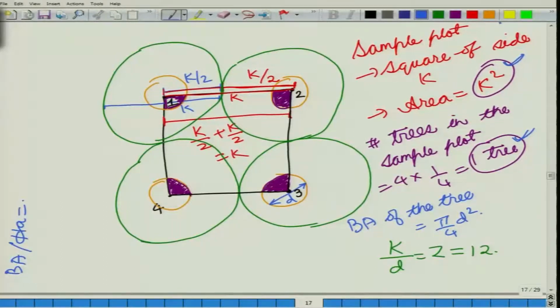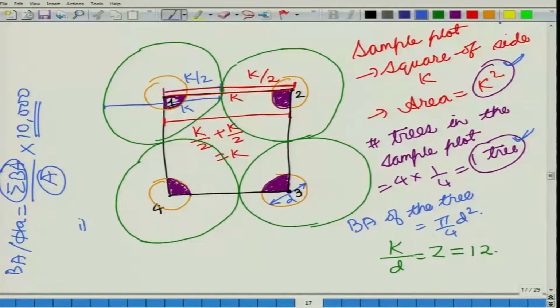That is given by the sum of the basal areas of all the trees divided by the area of the stand, into 10,000. If the area of the stand is given in square meters, then we multiply it by 10,000 to get a value in hectares. So here the sum of the basal areas is equal to the basal area of 1 tree, and the basal area of 1 tree is given by pi by 4 d square.